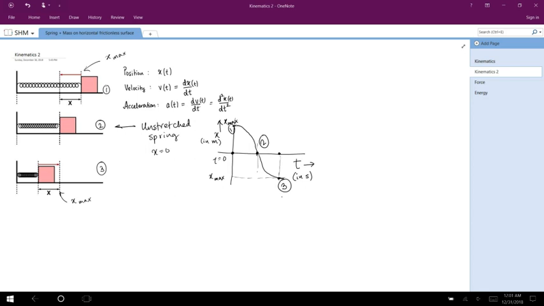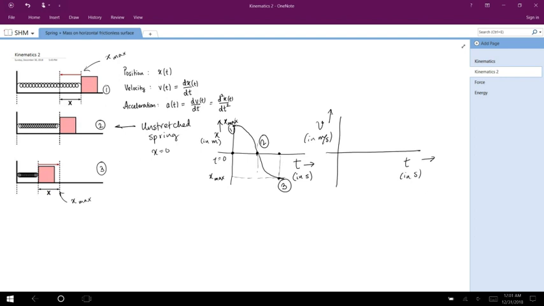Now, can we also plot the velocity of the block as a function of time? In order to do that, we will draw a different graph with time t in seconds on the x-axis and velocity v, in units of meters per second, along the y-axis.